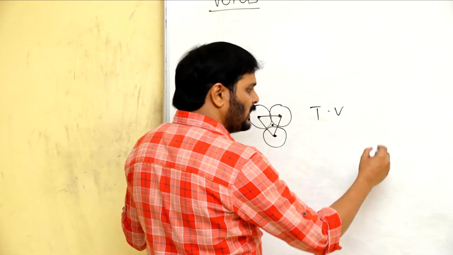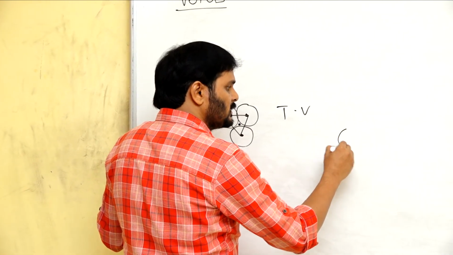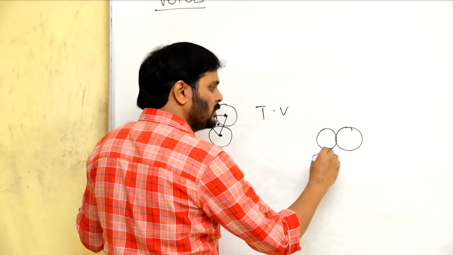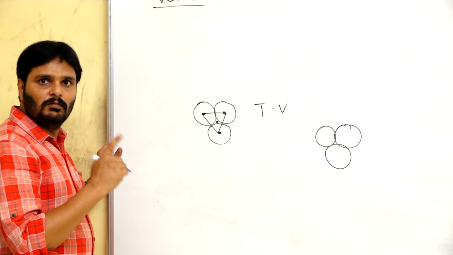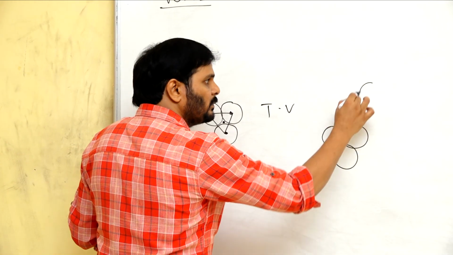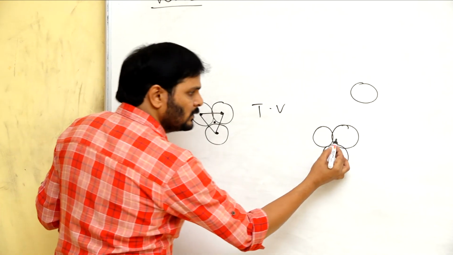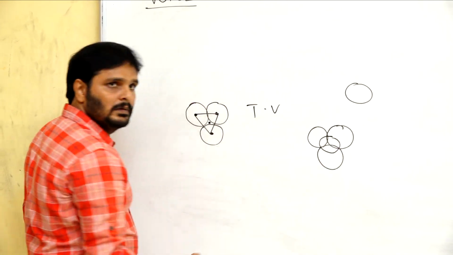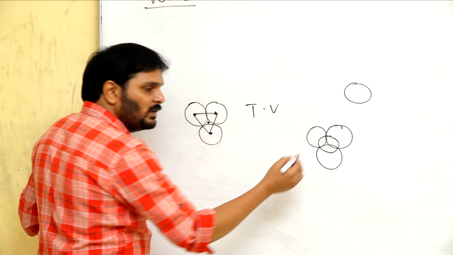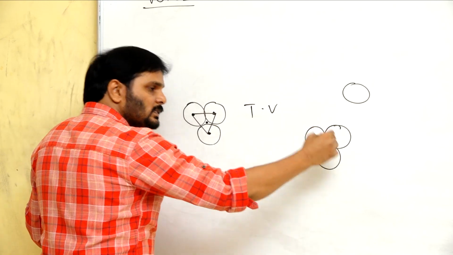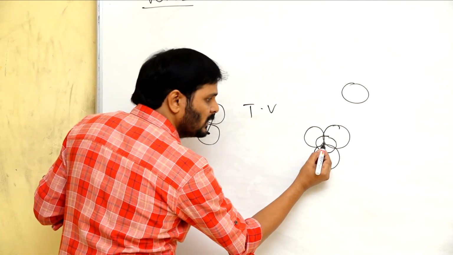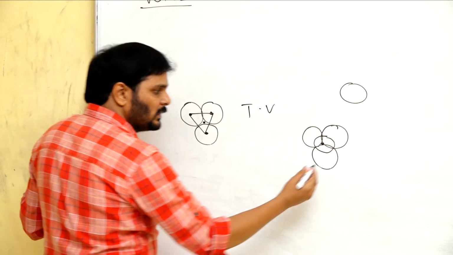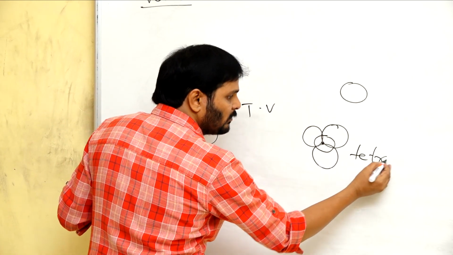Similarly, four atoms. This is 1, this is 2, this is 3, in one layer. On the top I can keep one more. Now the empty space between all these four atoms is known as a void, and that void is known as a tetrahedral void.